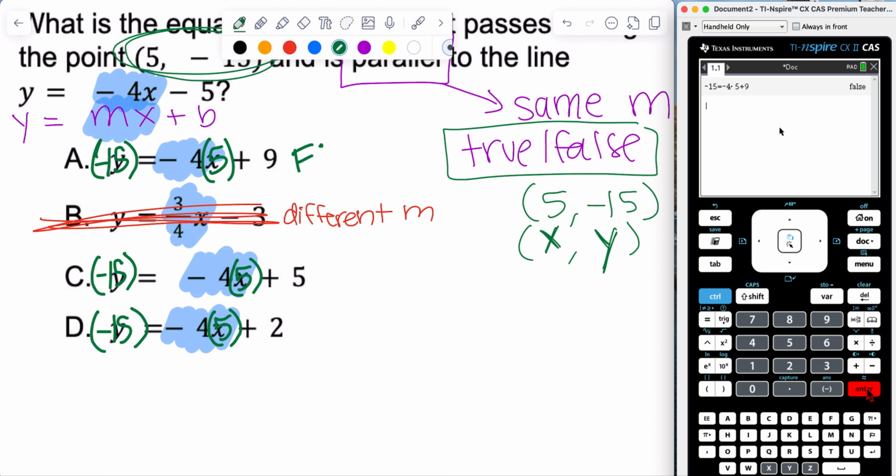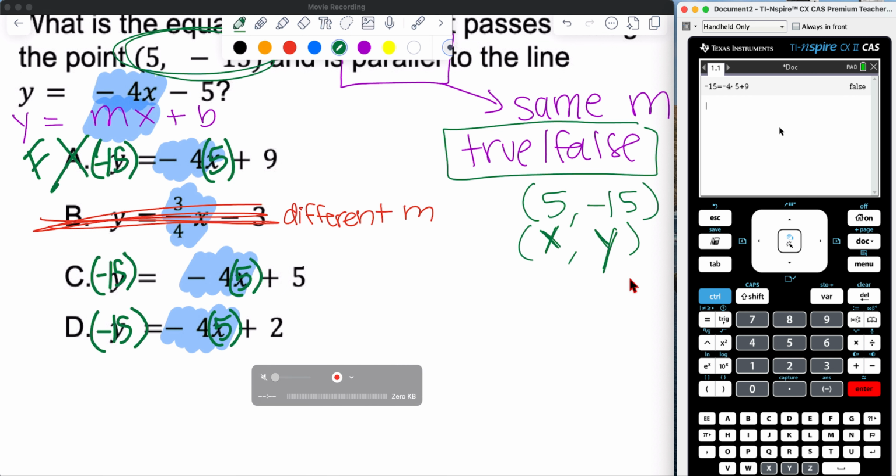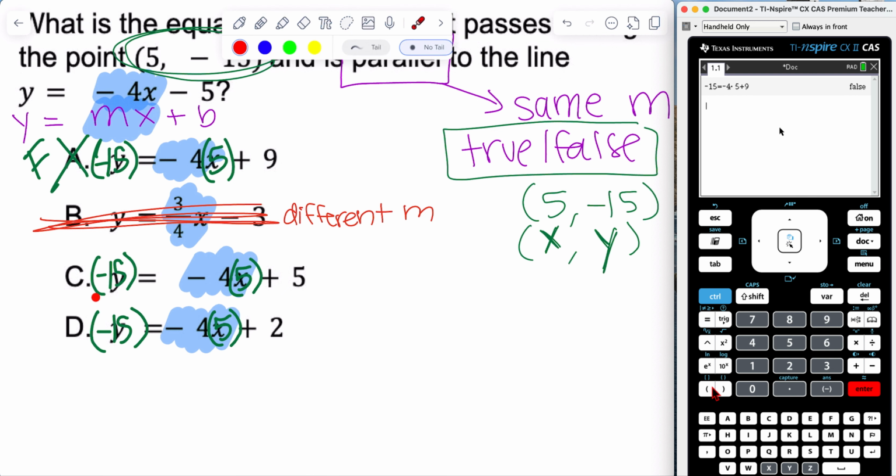So I know A can't be my answer because it is false. So now I'm going to try C. Same thing. I have parentheses -15 parentheses equals -4 parentheses 5 parentheses plus 5. Enter. And that gives me true.